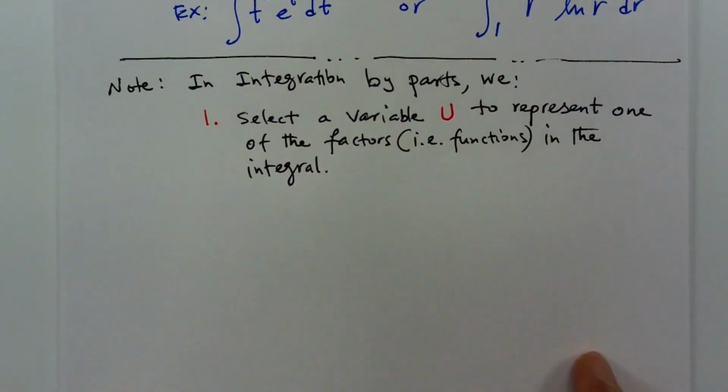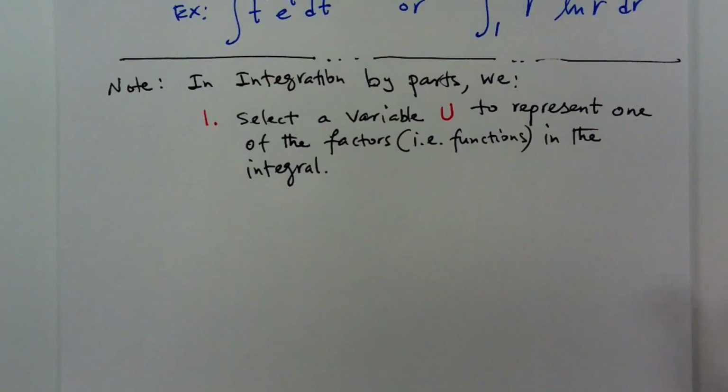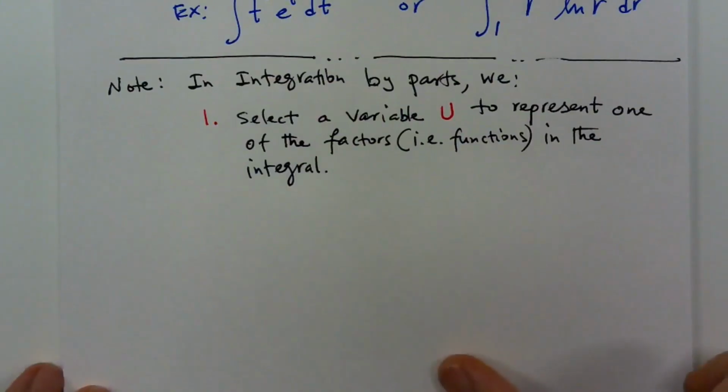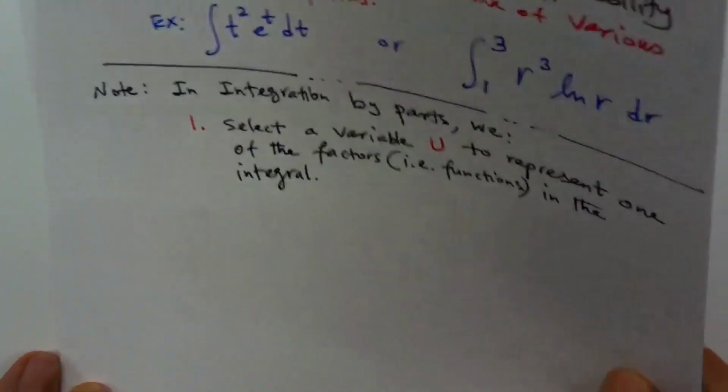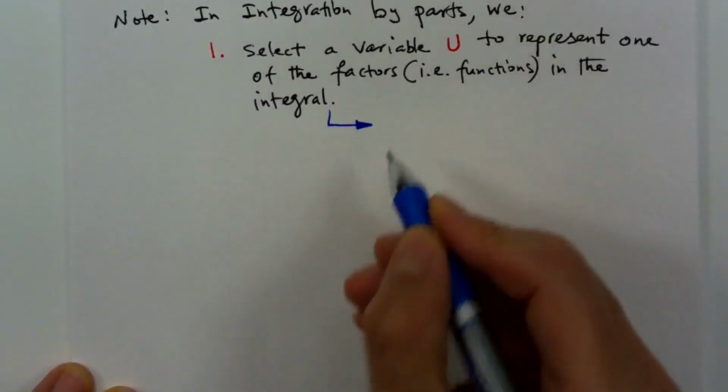A good way of knowing which function to take as u, because if there are two, you wonder, how do I know which one to select as u? Well, there is a guideline that is quite useful and narrows it down pretty much.